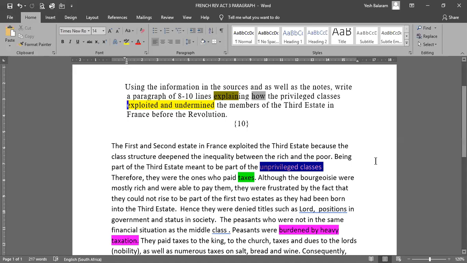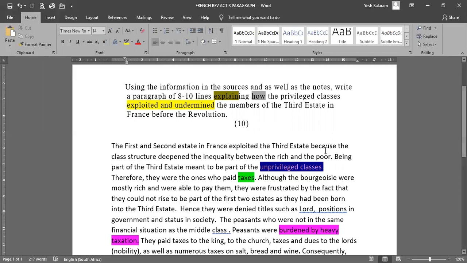So as an example, this opening sentence or topic sentence states, the First and Second Estate in France exploited. Here, immediately you see the use of the word from the question, which is absolutely accurate. Exploited the Third Estate because the class structure deepened the inequality between the rich and the poor.